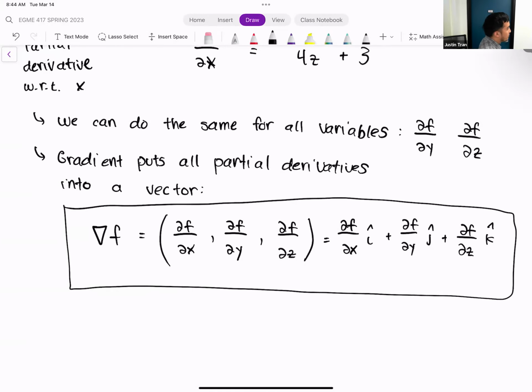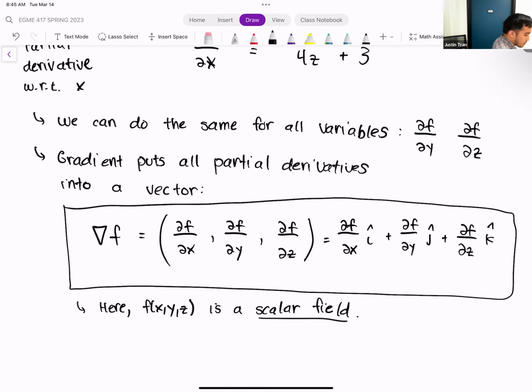We're basically taking the derivative of a function in every single direction and then putting that into a vector. Okay. Of course, this assumes that f here is a scalar field.